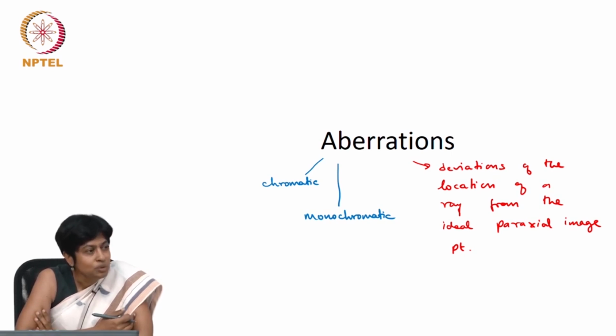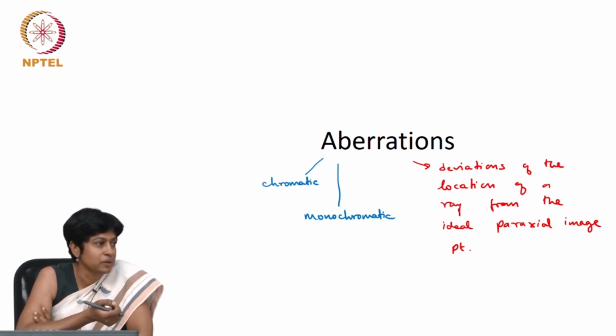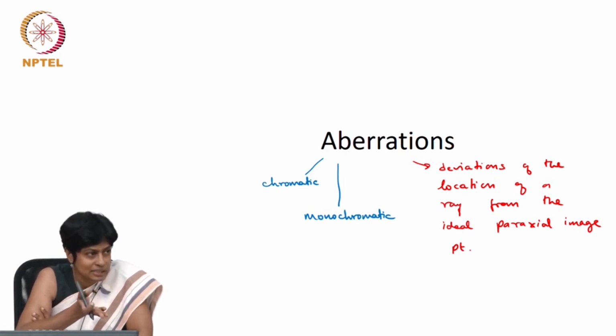So the perfect image position for an optical system is different for every wavelength. The moment I send a number of different wavelengths through the same system, if the separation in those perfect imaging positions is very large, you clearly have a very large chromatic aberration.